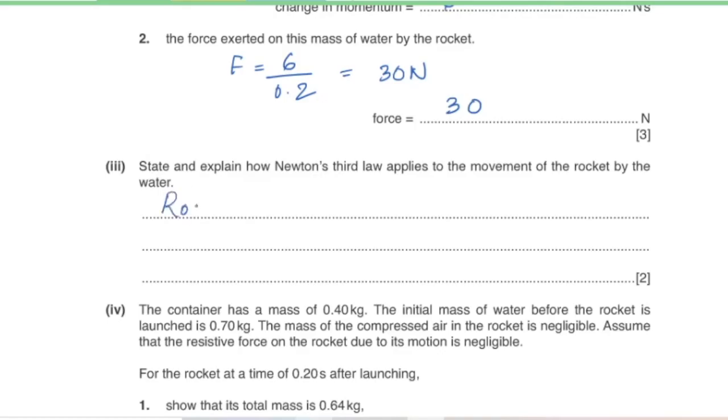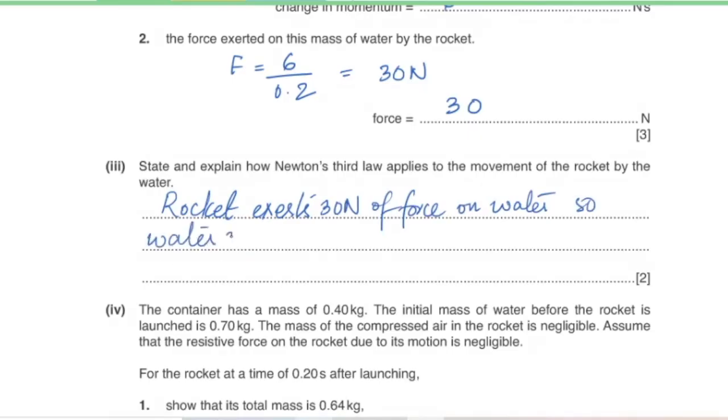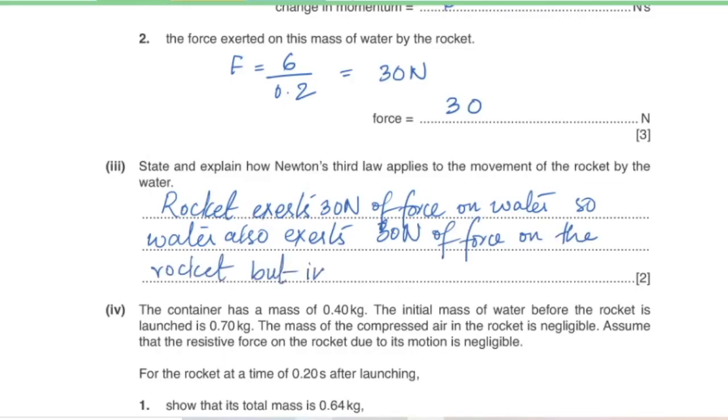So I can write that rocket exerts 30 newtons of force on water. So water also exerts 30 newtons of force on the rocket, but in the opposite direction.